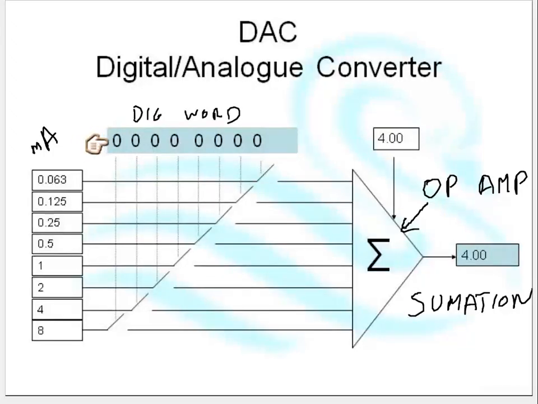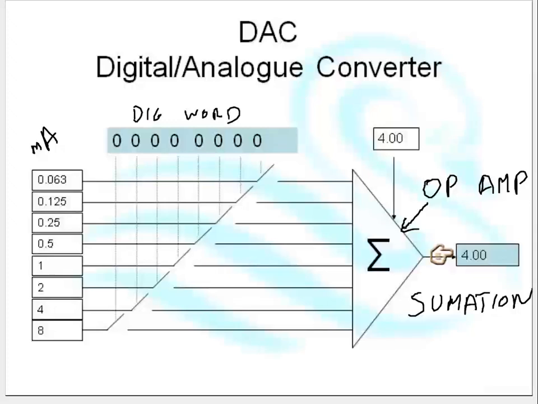Each one of the bits on this digital word is connected to a switch, so that if the bit is off, the switch is open. But if the bit should come on, the switch will close. At the moment all of these switches are open. The only value I've got coming in is this 4 milliamps, so the only value going out is this 4 milliamps.